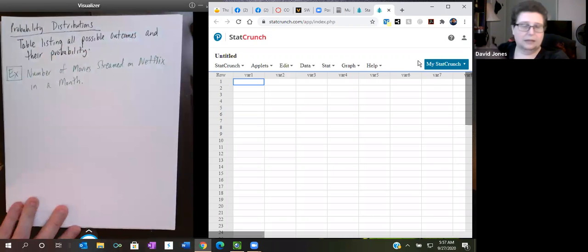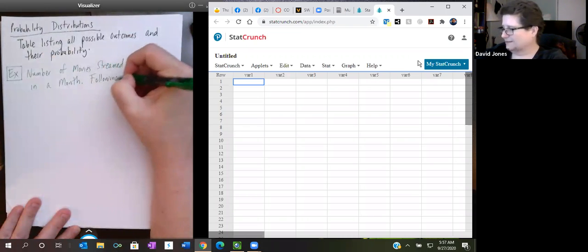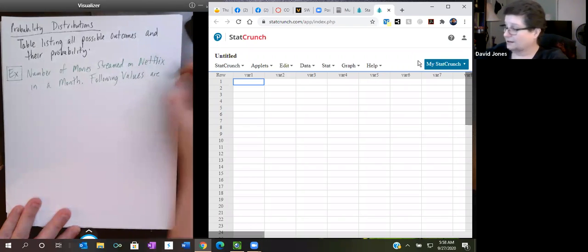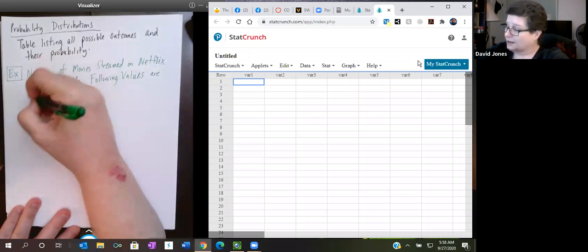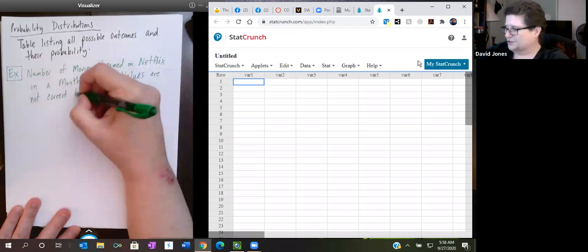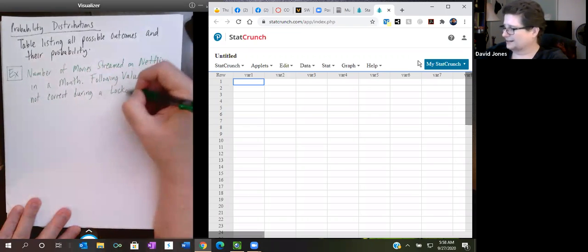And it does fit the scenario. A lot of people are watching Netflix right now. The values I have, though, are probably way off. So the following values are probably not correct right now. In fact, I know they're not going to be correct, during a lockdown pandemic.